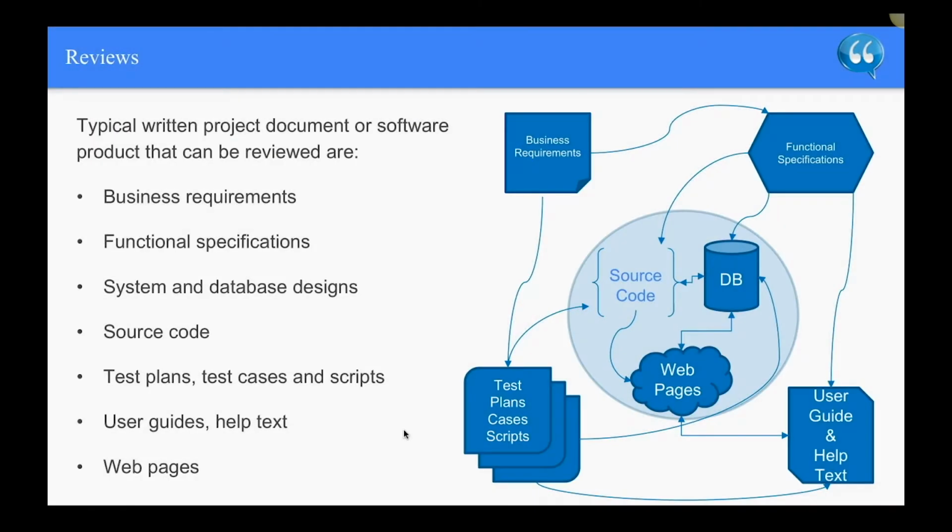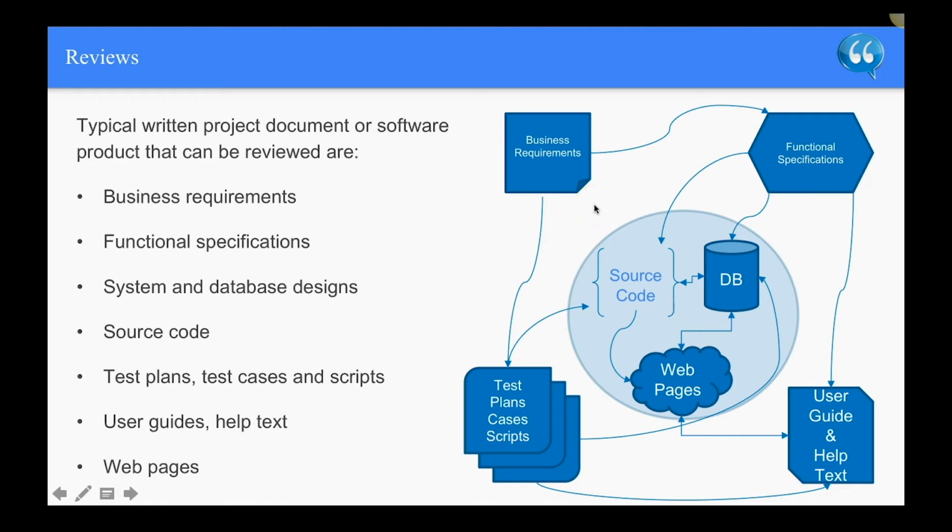Okay, reviews. As you can see in this graph representation, which looks like spaghetti, I'll try to use as many images as I can, as I believe it can help you memorize and think about it. It's a rough idea of everything involved in the development process of the software. So pretty much anything can be reviewed in order to find defects and improve the software.